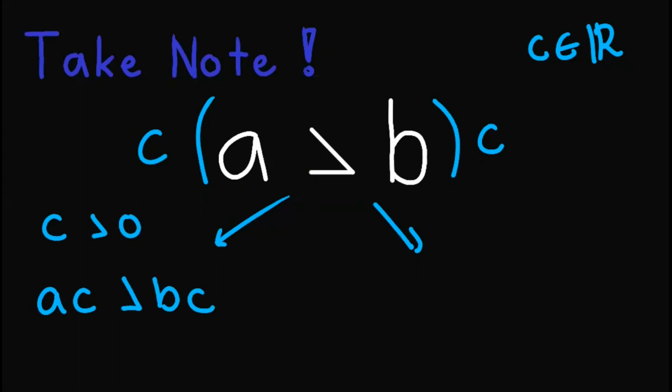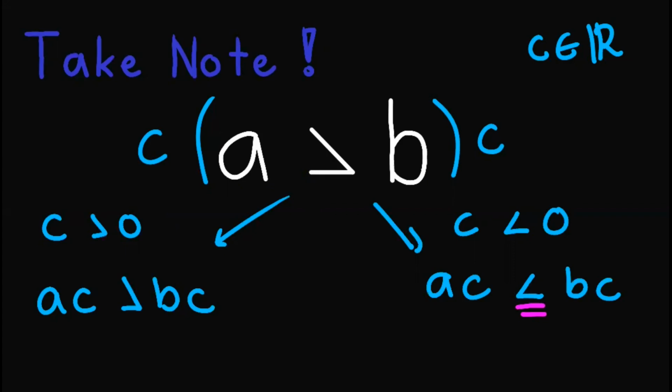But if c is less than 0, or c is negative, then we'll have ac less than bc. So when we multiply a negative value, always take note that the inequality sign will reverse.